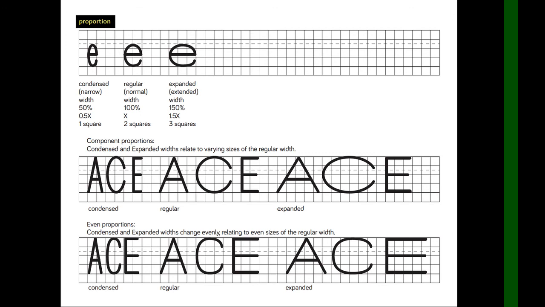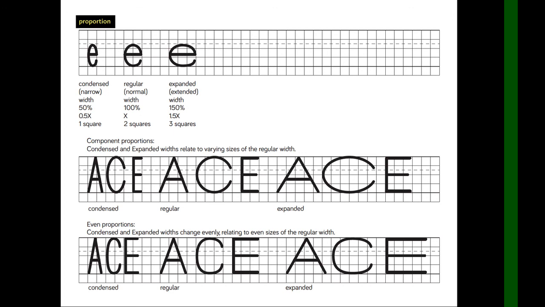Well, this means that in the condensed width, what were circles are now ovals, with the taller dimension being the vertical one. And then the expanded width, it's the opposite. What were circles are now ovals, with the wider dimension being the horizontal one.